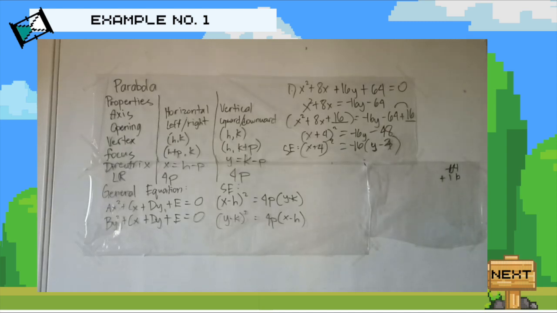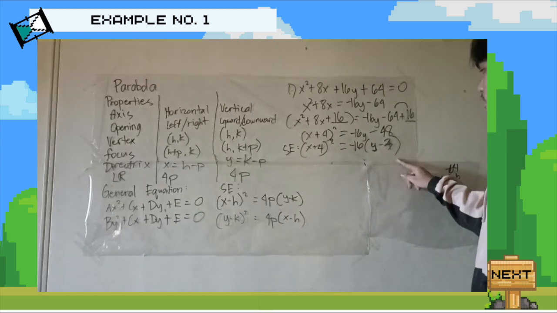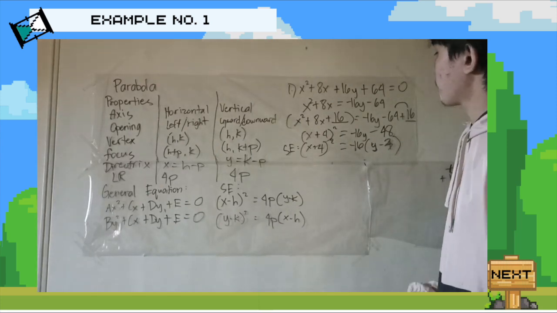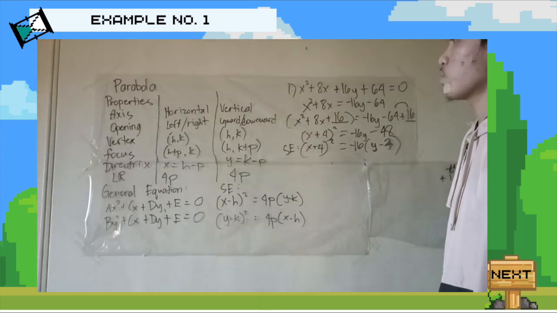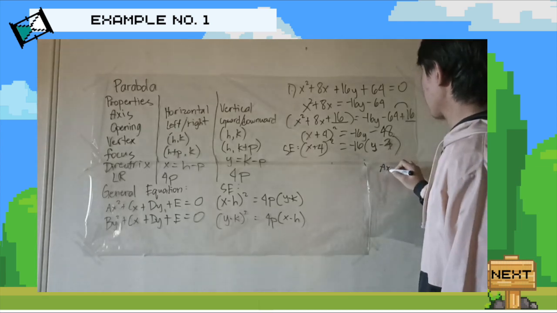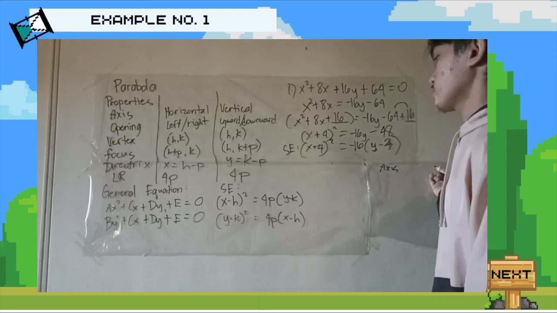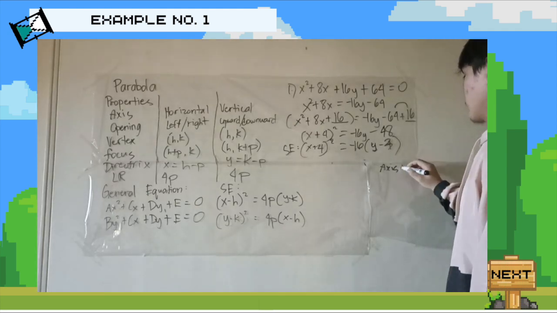The next thing we need to do is to get the properties of this parabola. First, identify what kind of axis this is. Obviously it is a vertical axis.